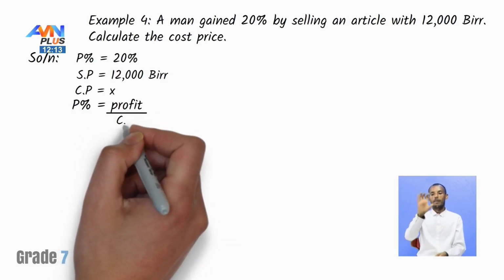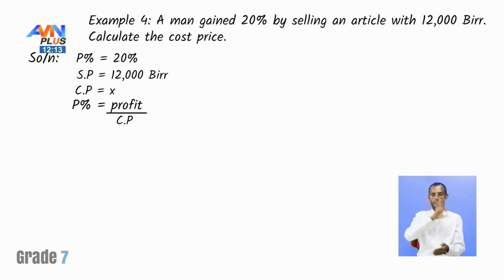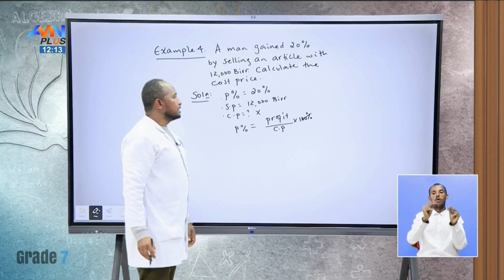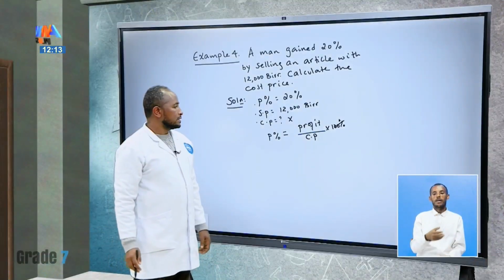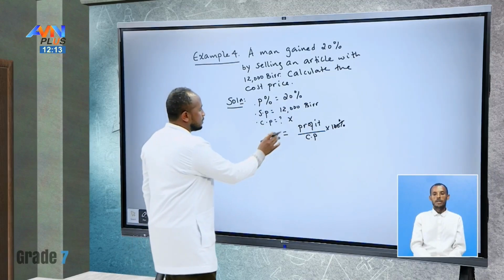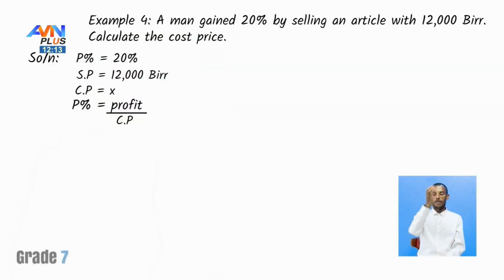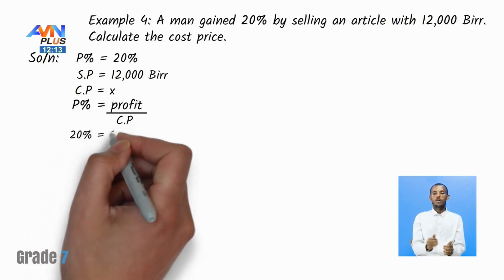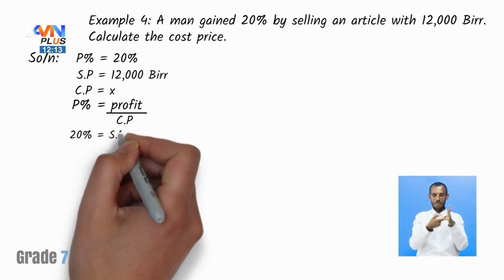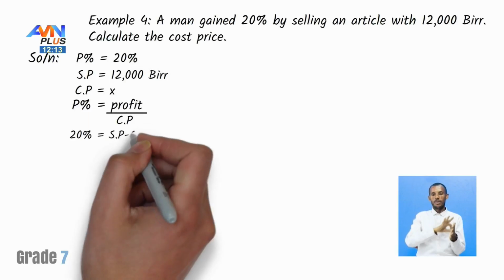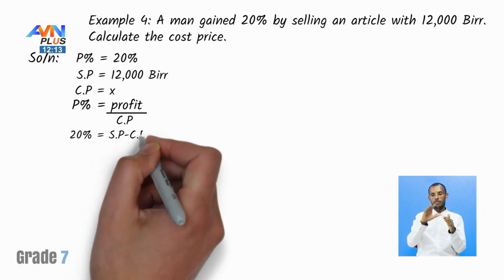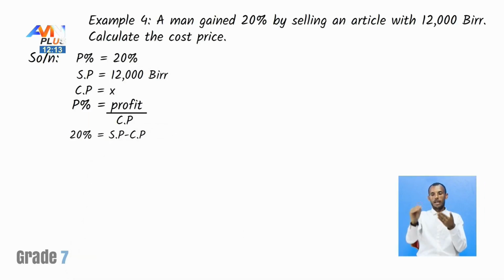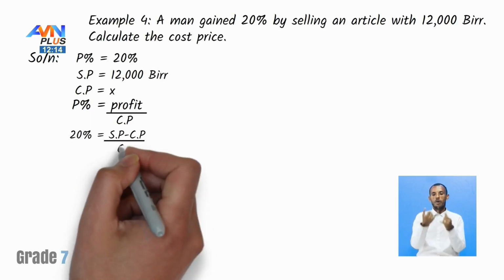But in this case, since profit percent is given, no need of multiplying the given formula by 100%. Therefore, here, profit percent is this 20%. 20% is equal to profit, which, since the selling price is bigger, is the difference between selling price and cost price. Therefore, selling price minus cost price over cost price.